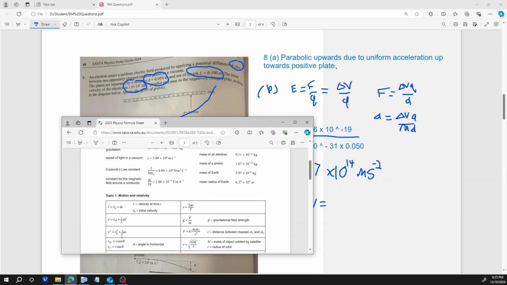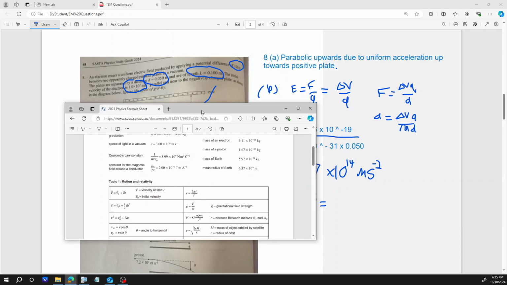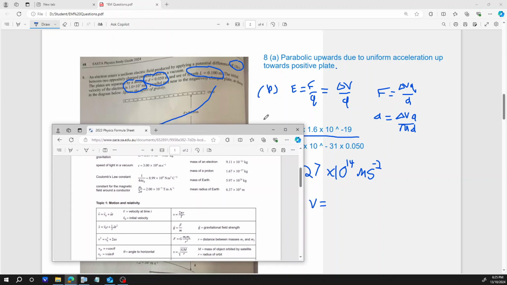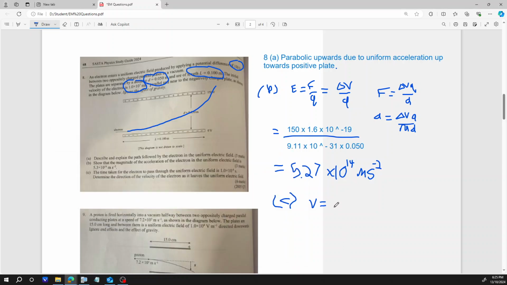These are the ones you can use for uniform acceleration. We can use the first one because the initial velocity is 0 in the vertical direction. We worked out the acceleration for the previous part, and we have the time. So we have v equals v naught plus at.